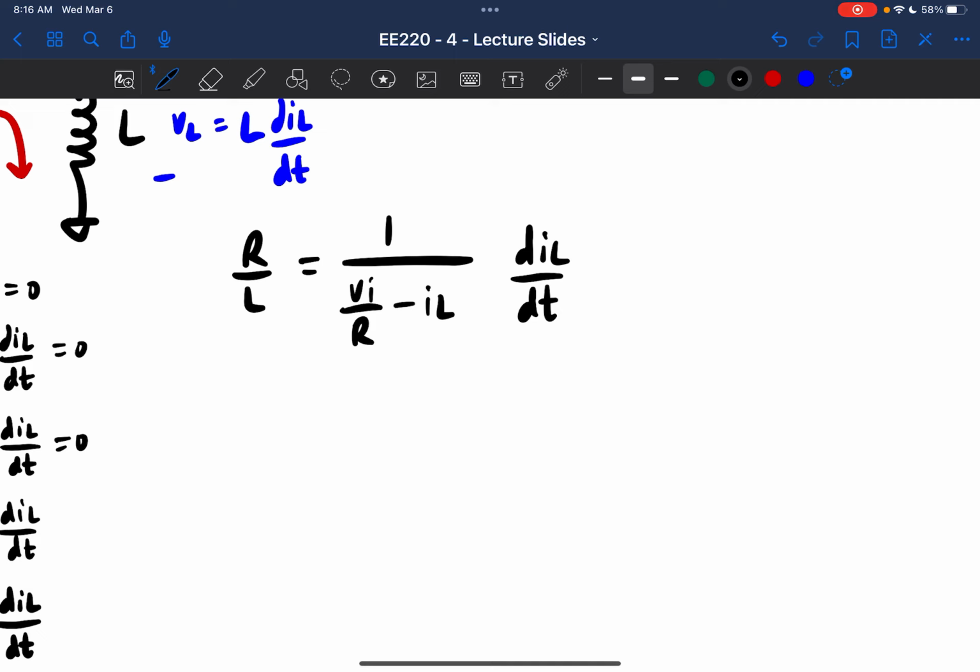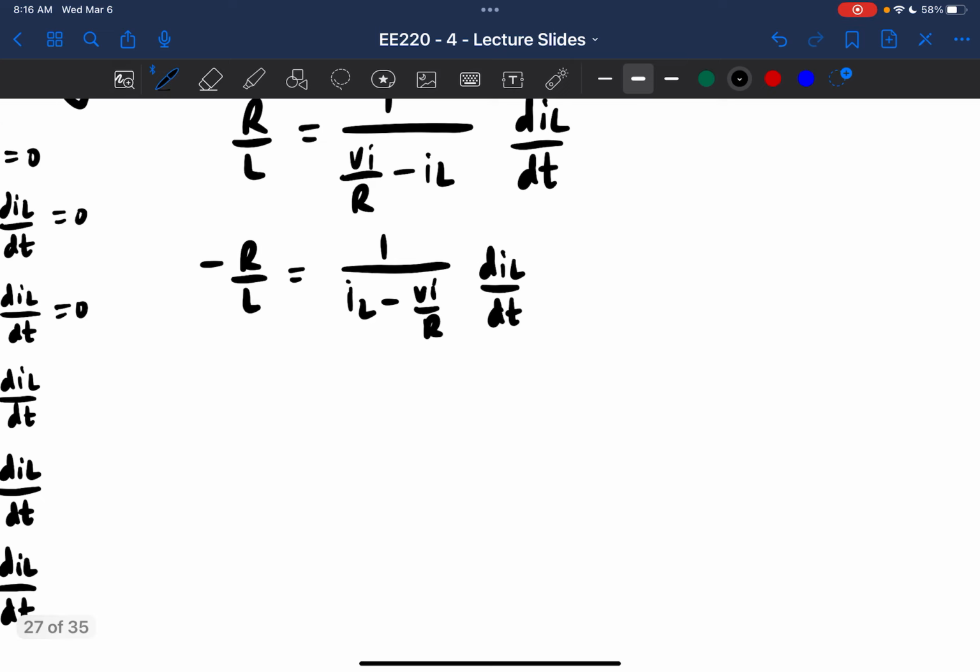If I multiply both sides by -1, I would get minus R over L is equal to 1 over (IL minus VI over R) dIL/dt. And then I can multiply both sides by dt, and I get minus R over L dt is equal to 1 over (IL minus VI over R) dIL, okay?